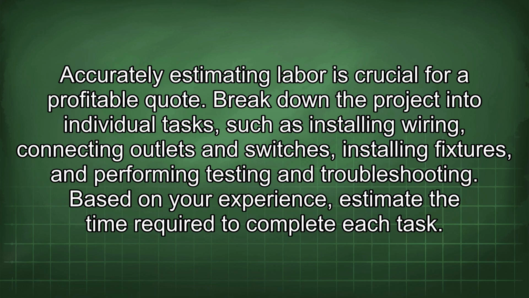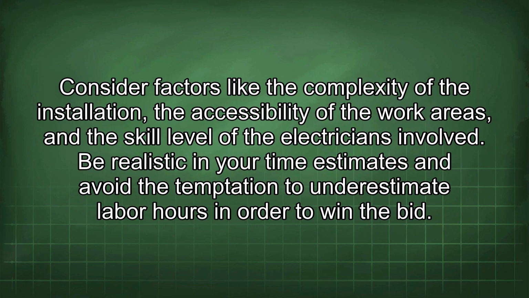Break down the project into individual tasks, such as installing wiring, connecting outlets and switches, installing fixtures, and performing testing and troubleshooting. Based on your experience, estimate the time required to complete each task. Consider factors like the complexity of the installation, the accessibility of the work areas, and the skill level of the electricians involved.